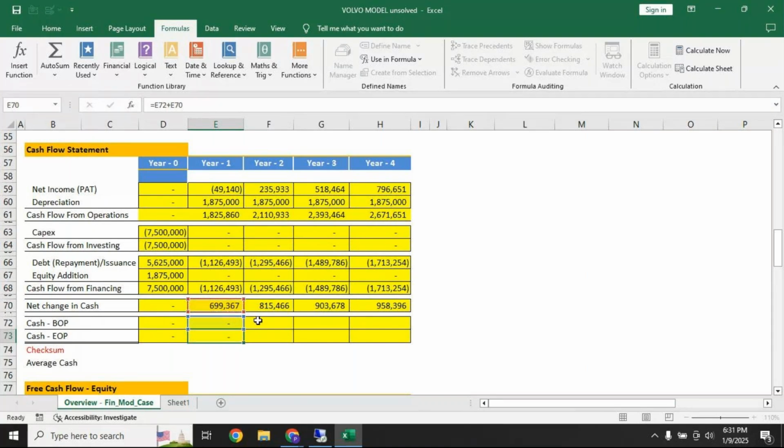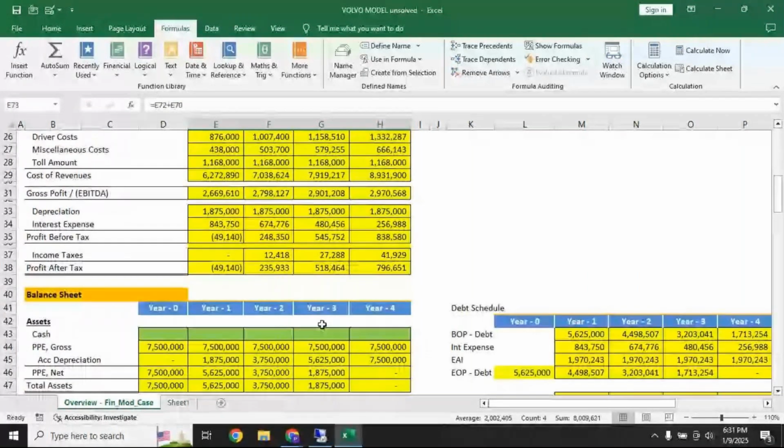That will come here. I'll just drag it, and here also I'll drag the value. So now I have calculated this cash.